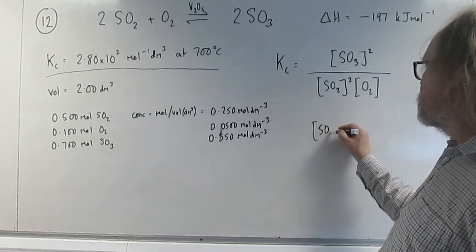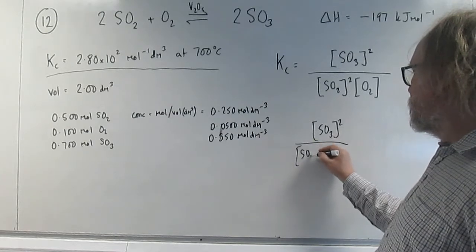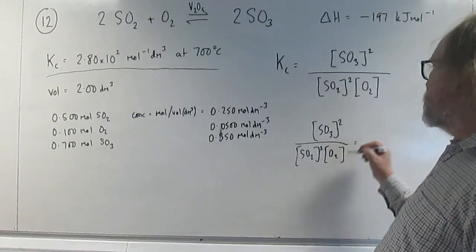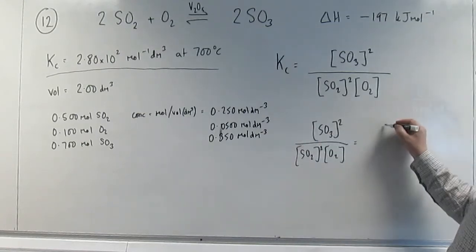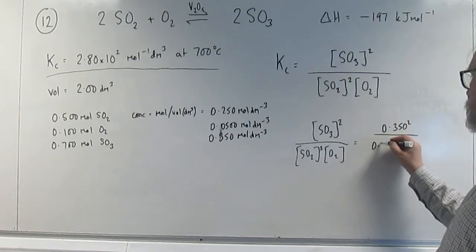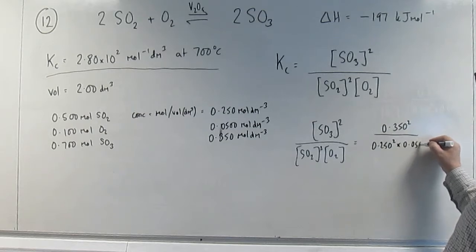So we can just write the expression, SO3 squared over SO2 squared times O2 is equal to, and then we put the numbers in, 0.35 squared over 0.25 squared times 0.05.